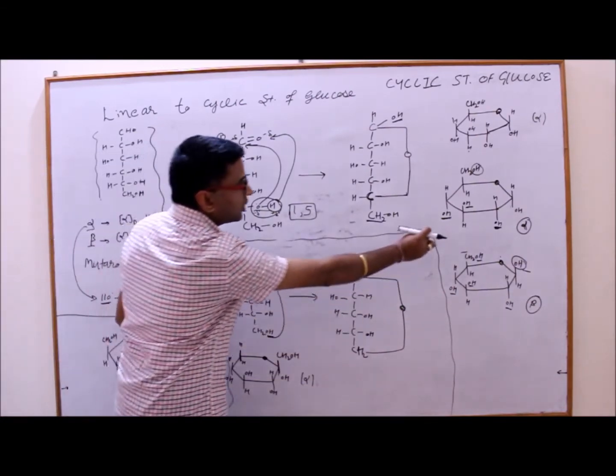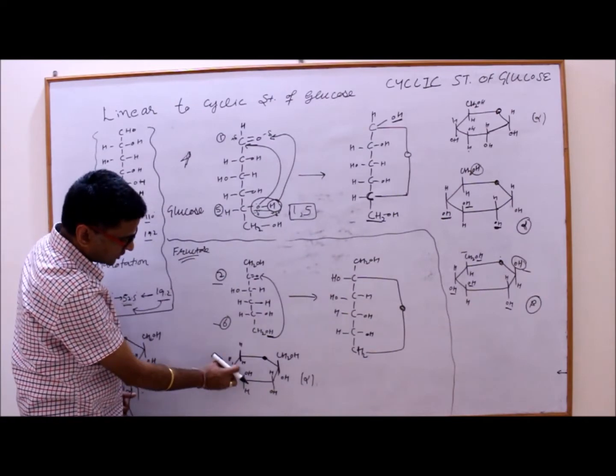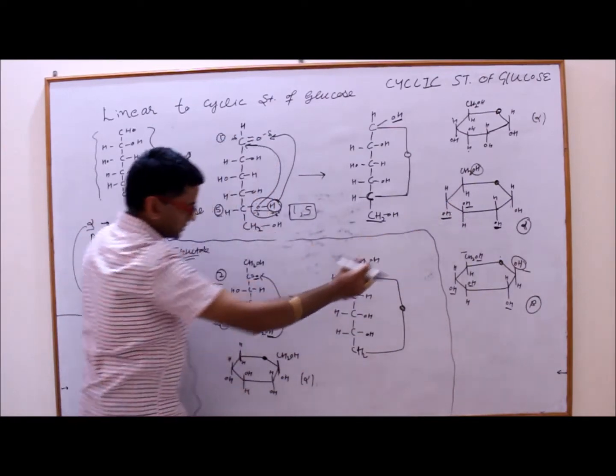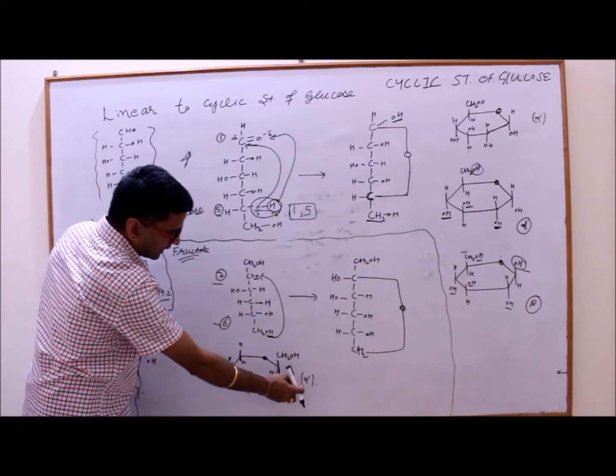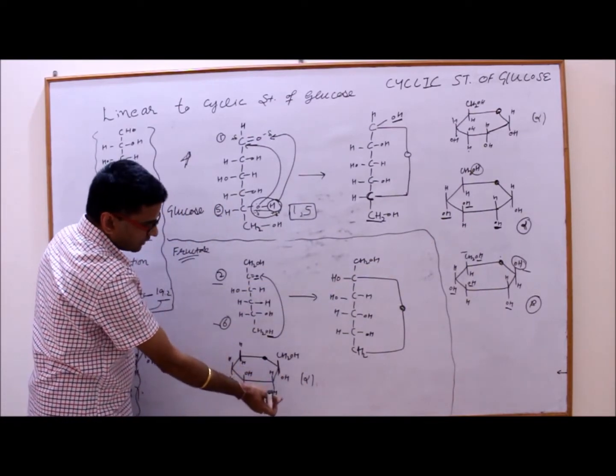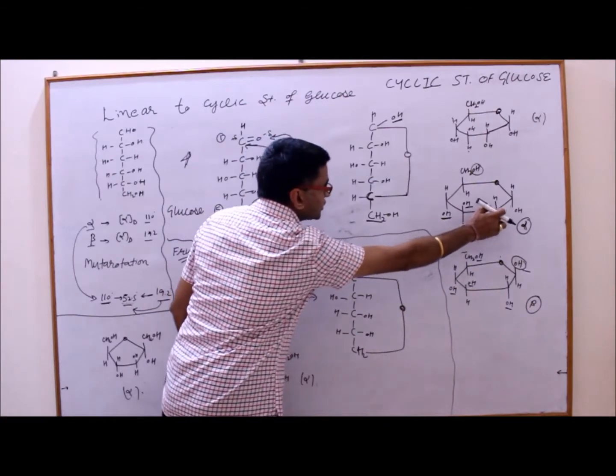OH downside, OH downside, H up, OH up, OH down, OH down. Alpha form, OH is always downside.